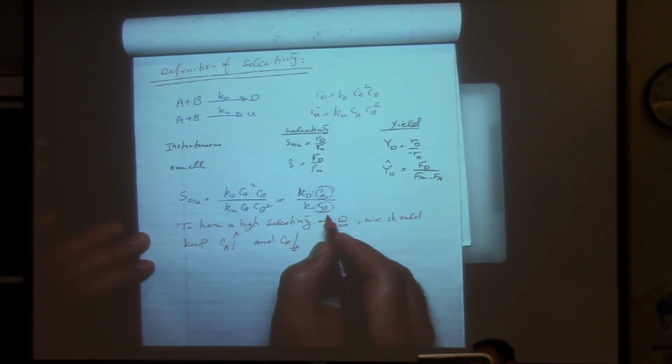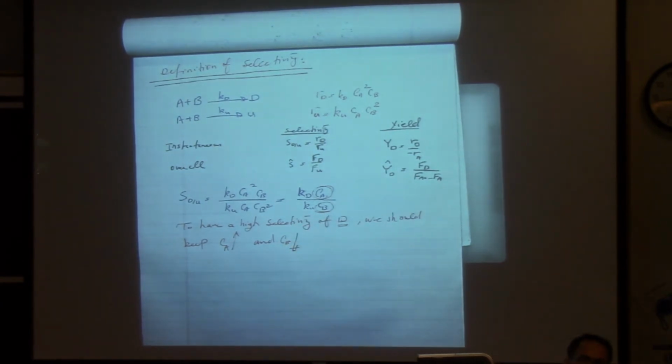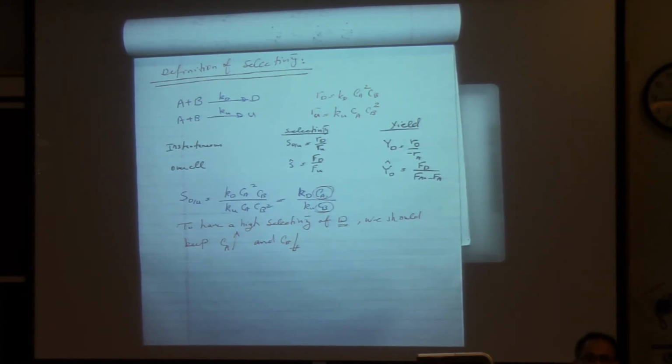Correct? Okay, so this leads us to the semi-batch reactor. If you have certain criteria like these, you're going to have a lot of A sitting in the beaker in your batch reactor at time 0, and you will start adding B very slowly to the reactor.